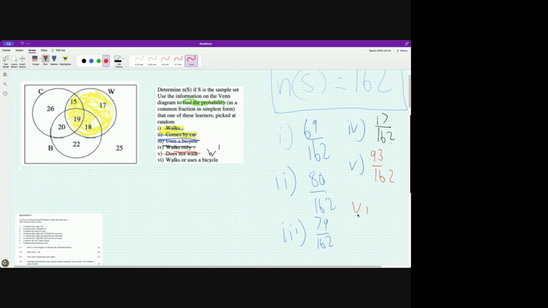Walks or uses a bicycle. So now you can be in the yellow, or you can be over here as well. I do enjoy some coloring in sometimes. So I want to know, what's the probability of getting someone who walks or uses a bicycle?